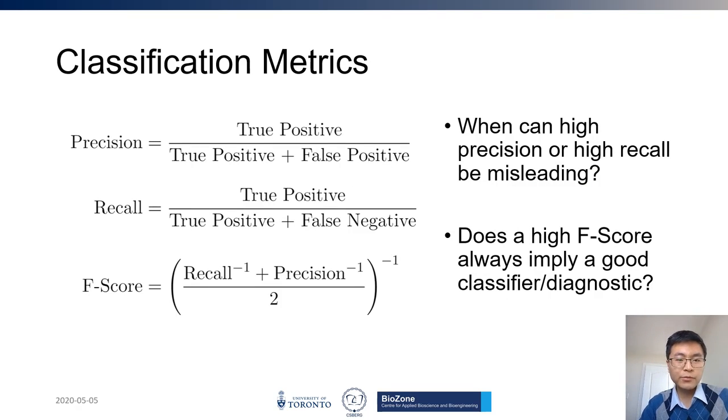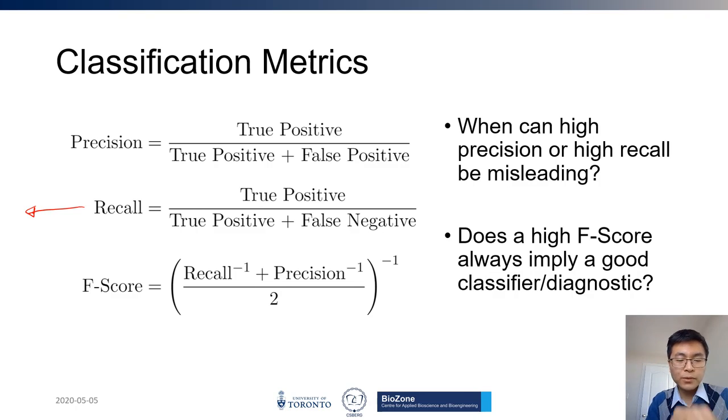Two other metrics for classification performance evaluation are precision and recall. So recall, as you'll recall, is one of the definitions on the previous slide. And precision is slightly different. It's saying that out of all the predictions that were positive, what fraction of them were actually positive?